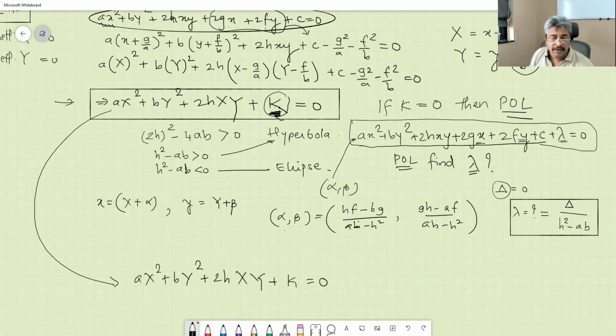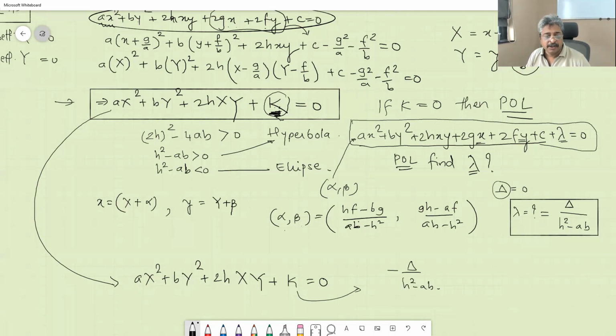Eventually this k is also going to be minus of delta upon h square minus ab, because this k does not change. That is what we have observed. K does not change. It remains the same.